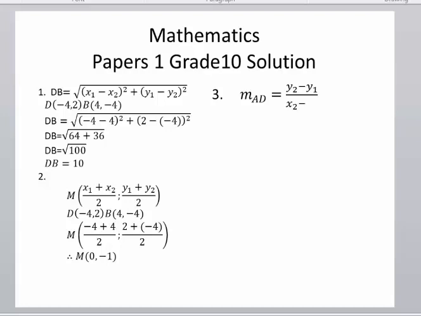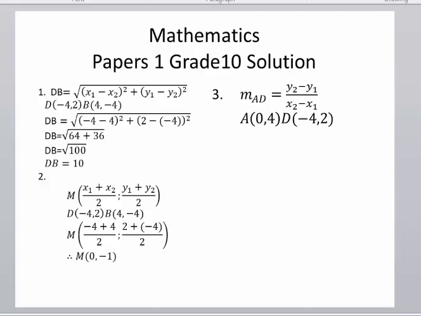What is your A? You need to go back to your diagram and check. You have the benefit of the video, so you can rewind and check your A. A is (0, 4). D, on the other hand, is (-4, 2), as you've already written down.